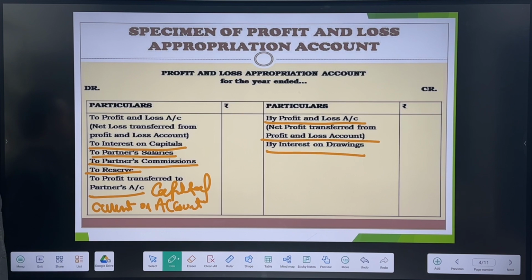If the capital account is fixed, then profit is transferred to partners' current account, and if the capital account is fluctuating, then the profit is transferred to partners' capital account.